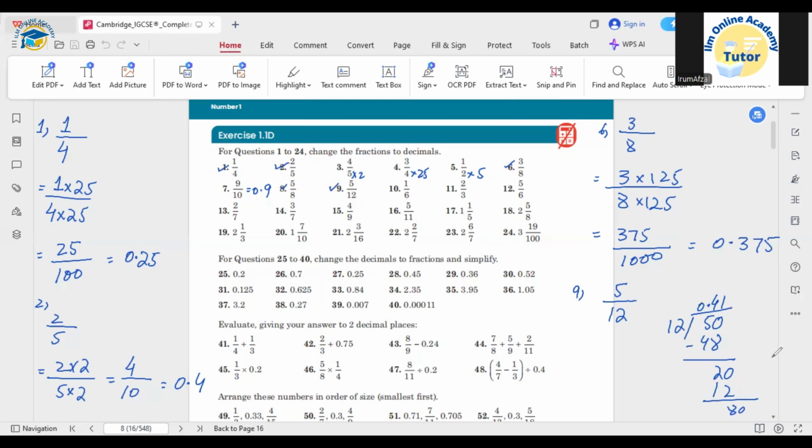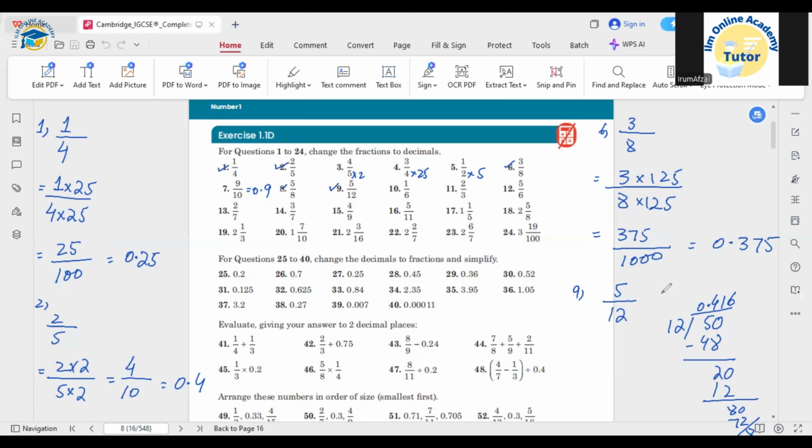Then we need to multiply 12 by a number to get a number smaller than this 80. So we can go with 8 times. No, it would be better to go with 6 times 72. Okay, so it keeps on going.